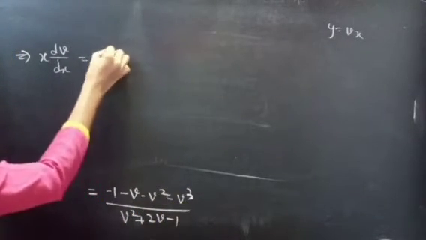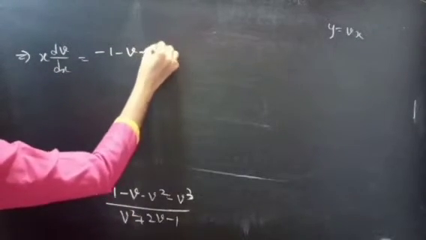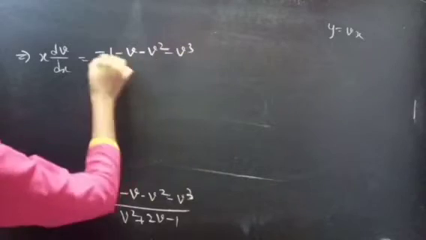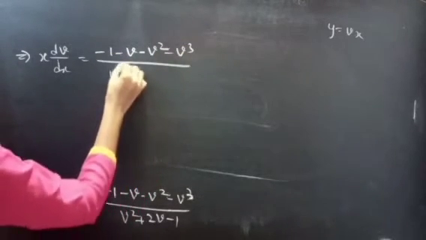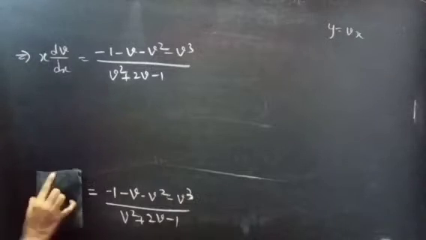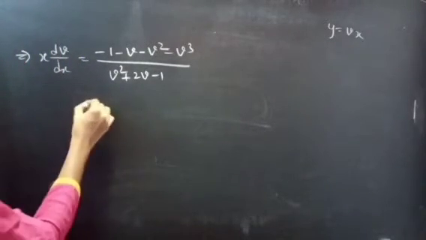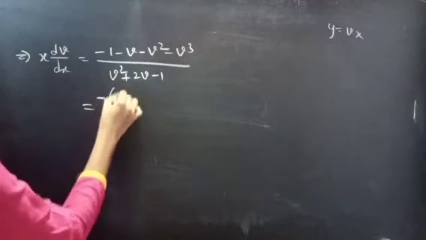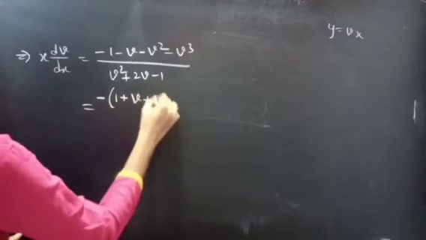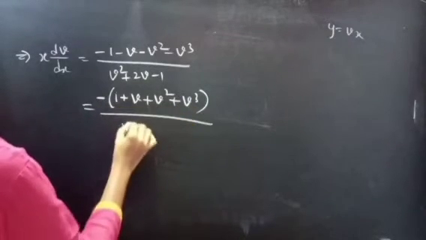Now we have x into dv by dx equals to minus 1 minus v minus v square minus v cube by v square plus 2v minus 1, right? Now let's take minus common from the numerator. Then we'll get minus of 1 plus v plus v square plus v cube by denominator.